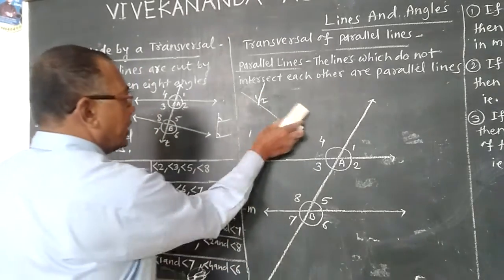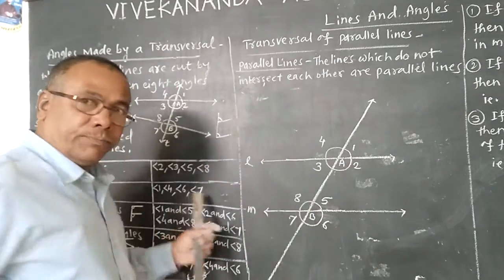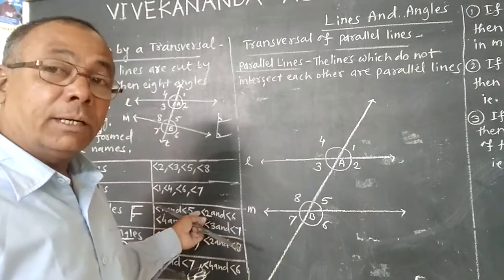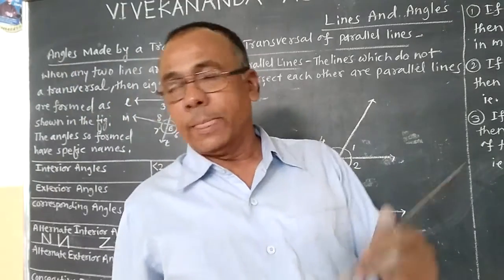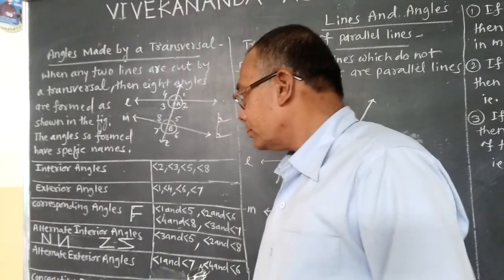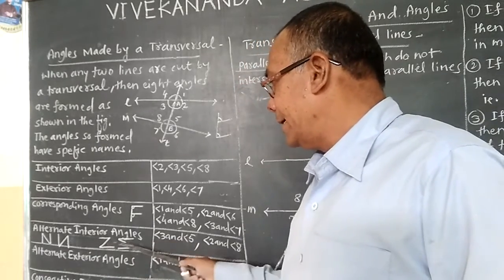So in this way, in Z as well as in N, we can find the angles, that is the alternate interior angles. So this was our fourth type, that is alternate interior angles.